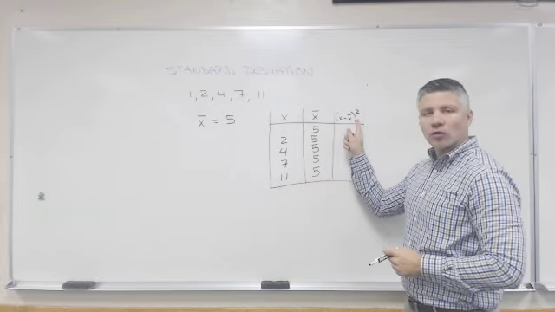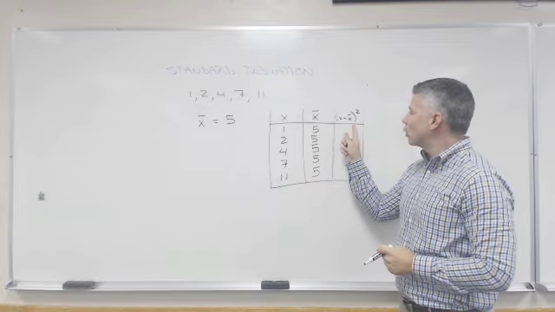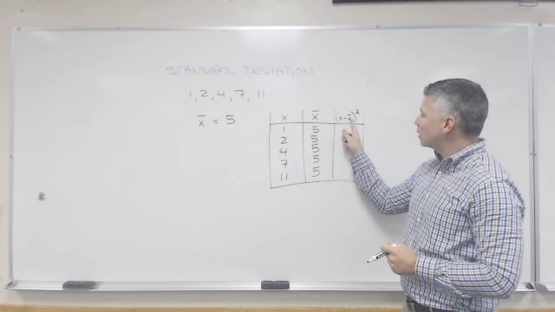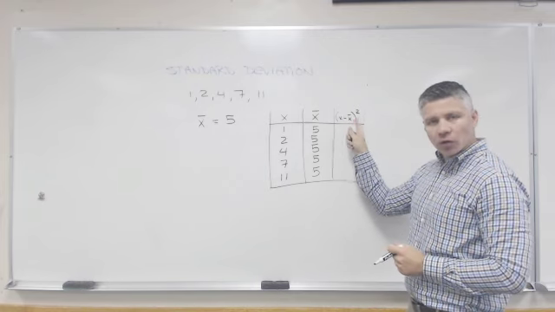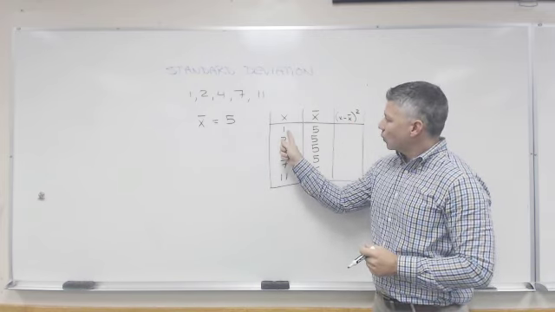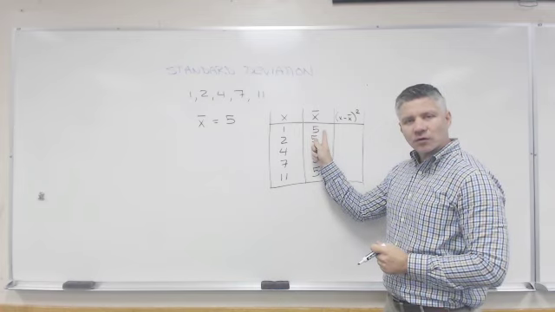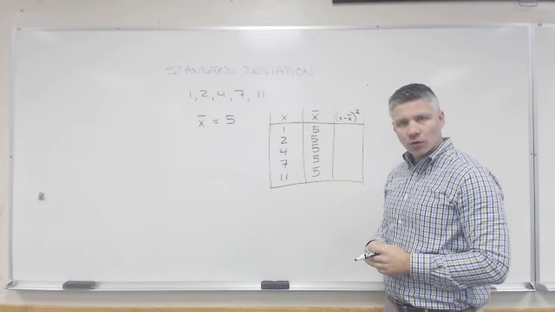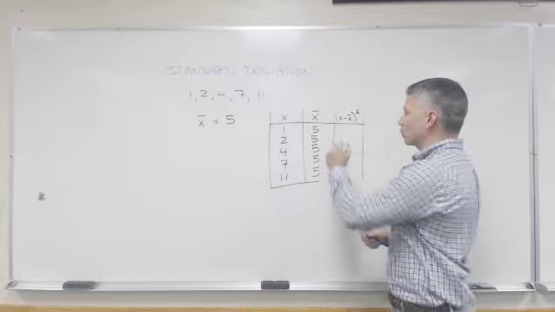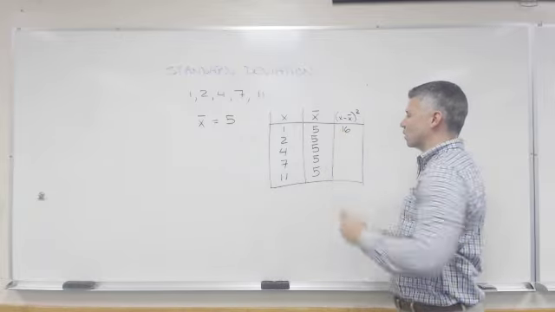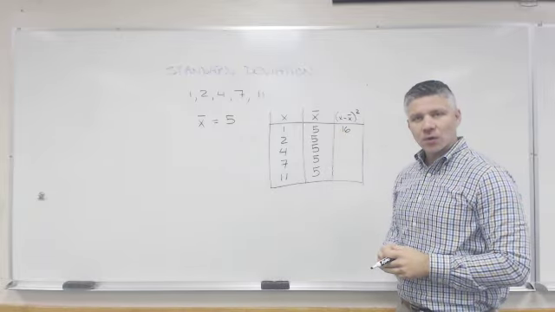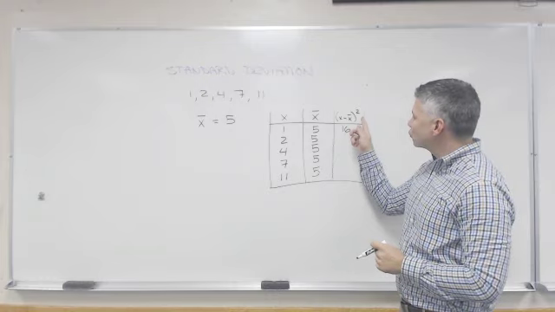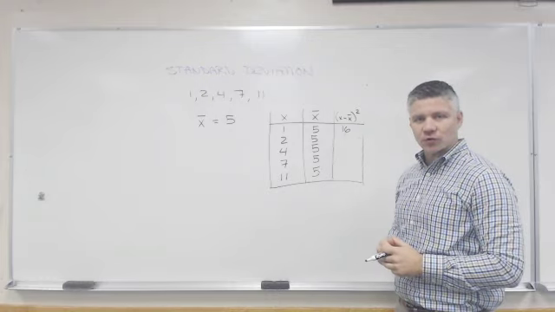Now we have to follow the formula in our third column, which is X minus X bar squared. 1 minus 5 is negative 4. Square negative 4, and we get a positive 16. All numbers are always positive after we square them.